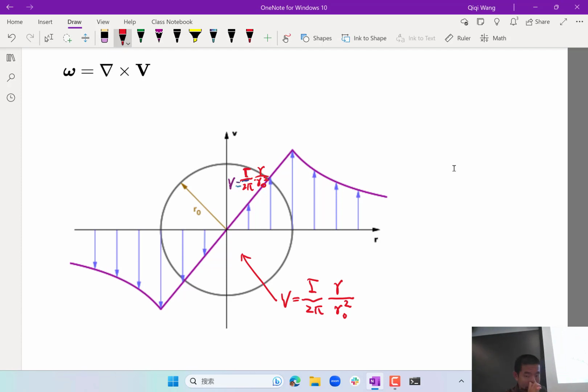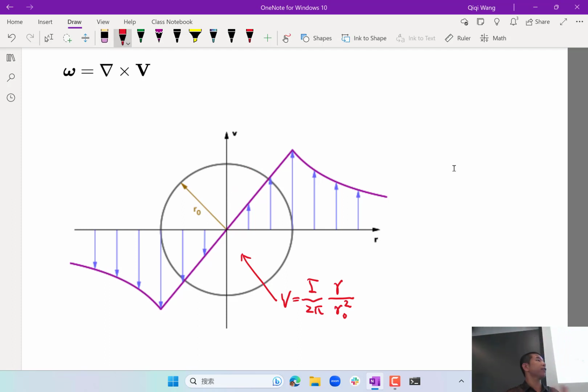That is to make sure that when you are at the edge of this core of the vortex, R is equal to R naught, okay? And if you integrate around it, you get a length that's 2 pi R naught, right? And the integral is going to be exactly gamma, the circulation of the vortex. Okay, so that's inside of this core of the vortex.